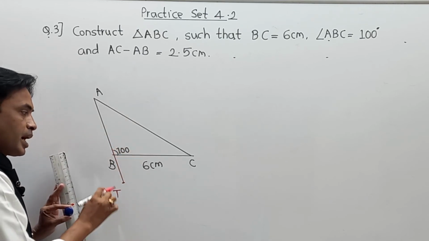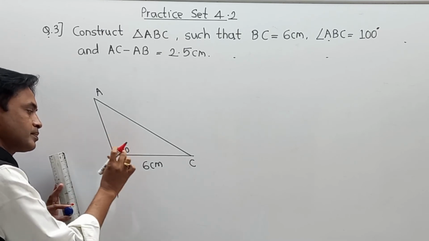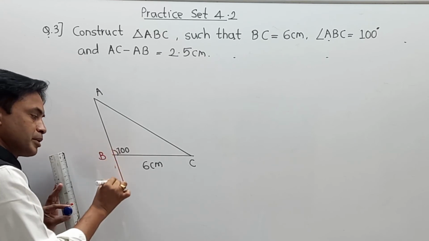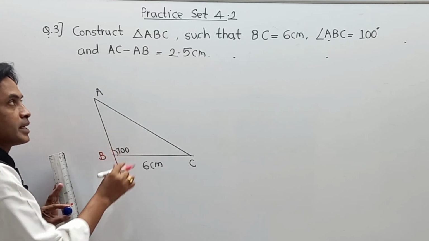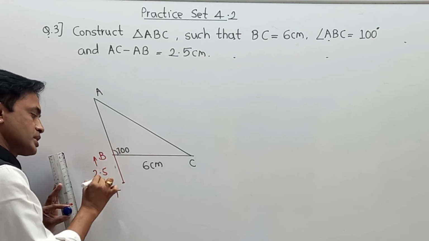And now the distance between B and T, this distance BT, we have to take as 2.5 centimeter. So this is a gap over here.